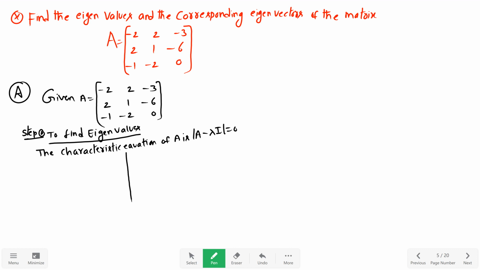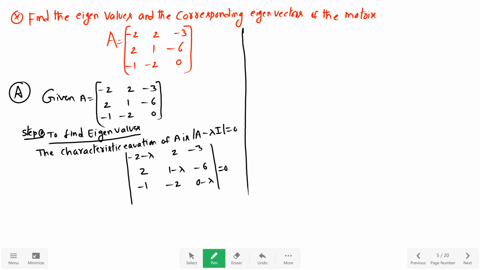So the determinant of the matrix with rows: minus 2 minus lambda, 2, minus 3; 2, 1 minus lambda, minus 6; minus 1, minus 2, 0 minus lambda, equal to 0. Then we expand it.